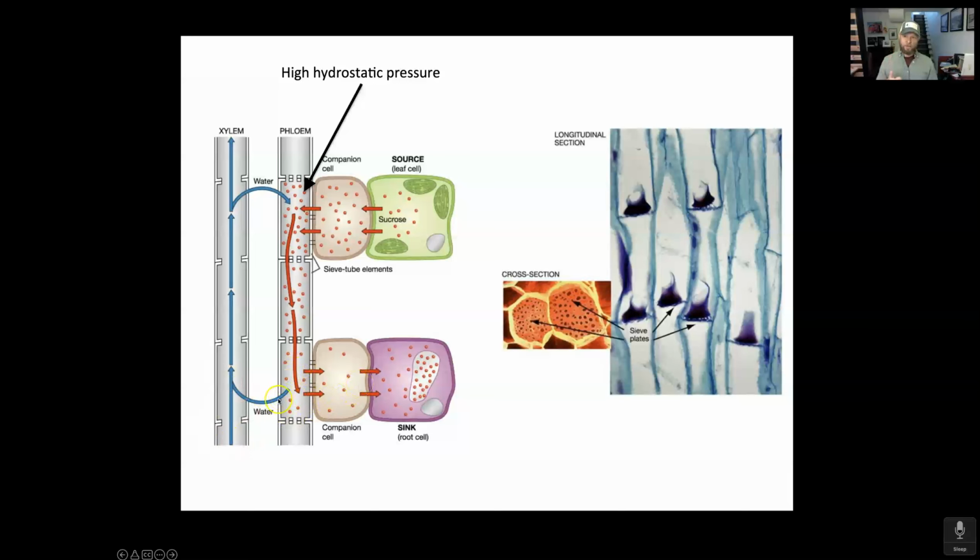Water moves from the phloem back to the xylem so that the pressure potential goes down. So the cells at the sink aren't fully expanded with water. They actually don't have that much water in them. And so then the high pressure at the source is pushing contents down to the sink where those sugars are being removed and water is moving out of those sieve tube elements.